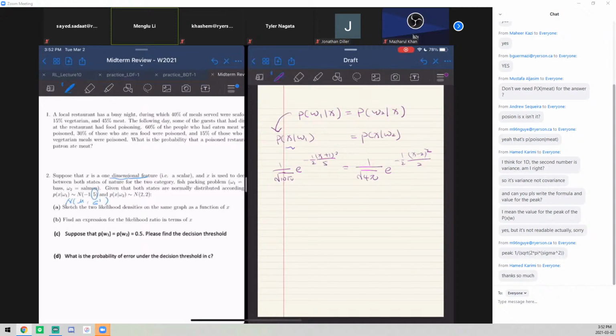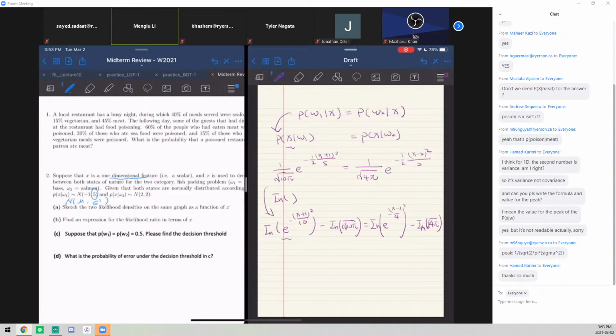Now we need to take the log on both sides. It will become this.